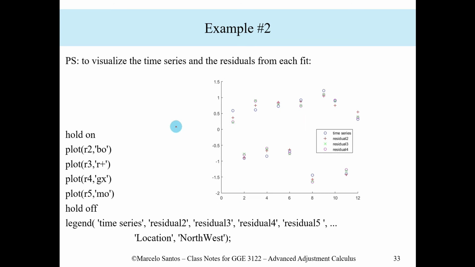We can also compute the residuals, and here what I'm plotting is the time series and the residuals. The observations are in blue, and the values for the residuals are in these different symbols here.